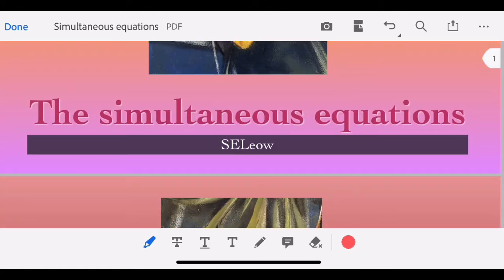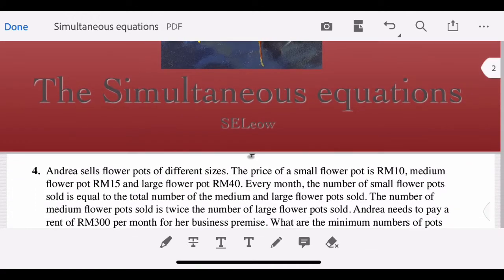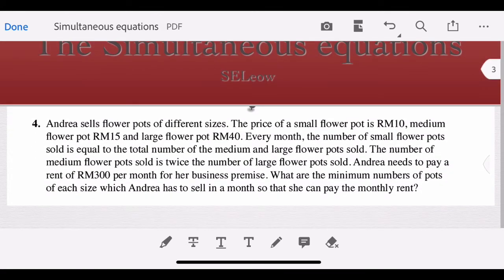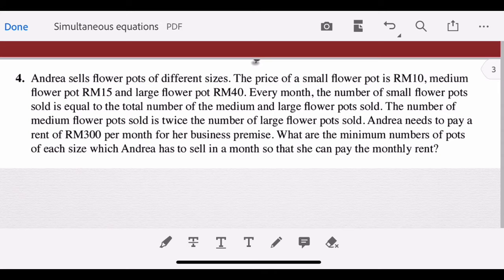Today I would like to focus on a Form 4 topic, which is simultaneous equations involving three variables, the system of linear equations involving three variables.